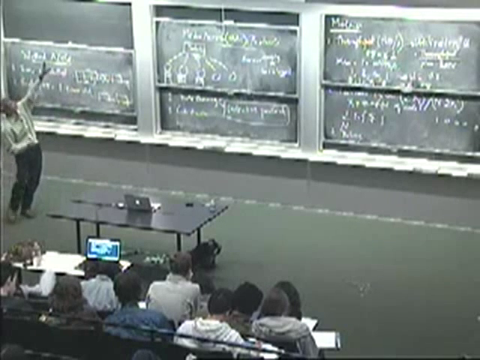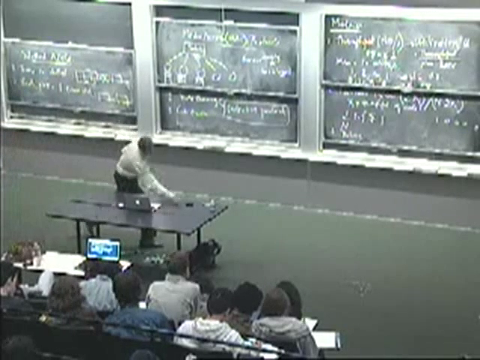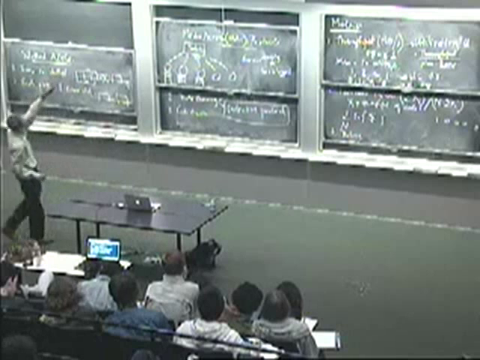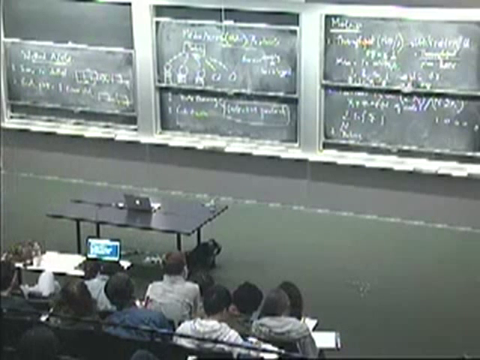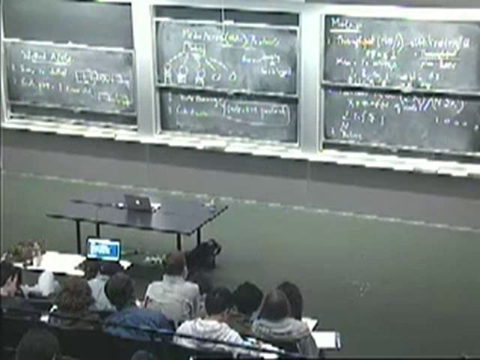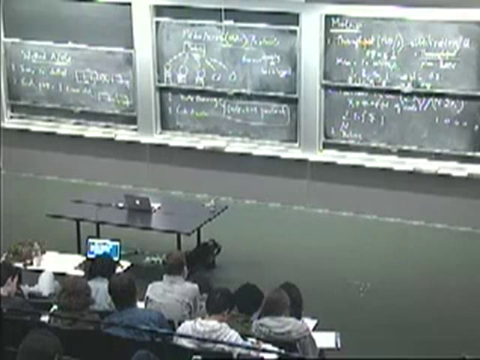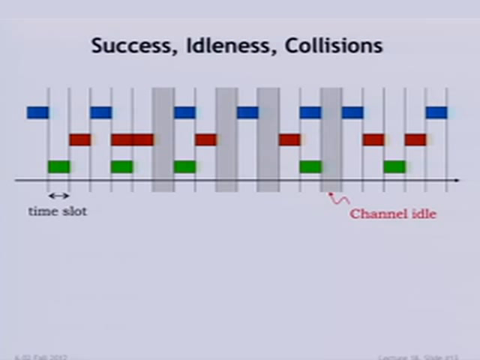Okay? As shown on this picture of how slotted Aloha works, you have time going along that axis, time is divided into slots, and I have these 3 different nodes: blue, red, and green. When no node sends packets in a time slot, that time slot is said to be idle, and the channel is said to be idle in that time slot.